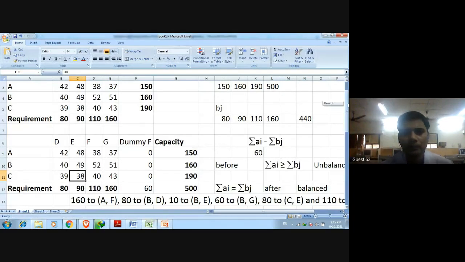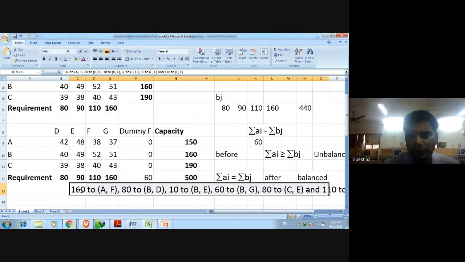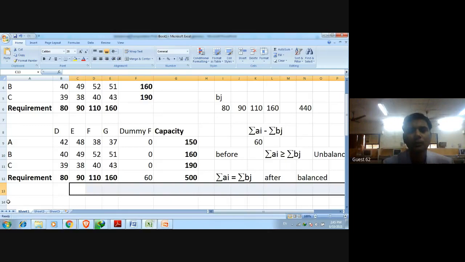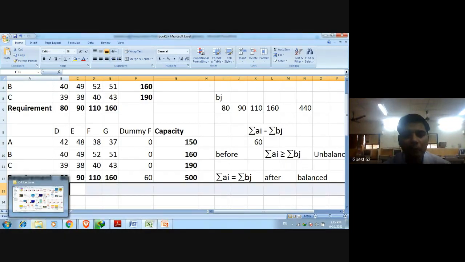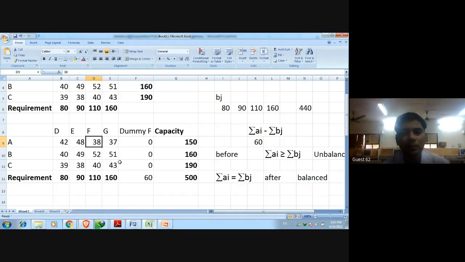Suppose that this is your table; I am deleting this. Now suppose that you have a non-degenerate solution. For this example, count how many rows and columns. Columns: 1, 2, 3, 4, 5.